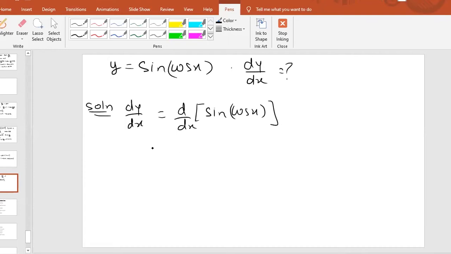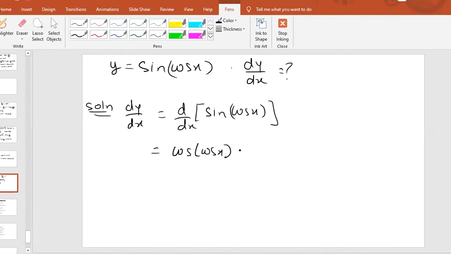Fine. Now what we have to do? See, we are differentiating with x. Inside the function is cos x. So the first step is what? First differentiate the outer function. Outer means first function. What is the differentiation of sine x? Cos x. So write simply cos. Differentiation of sine is cos. Inside the sine we have cos x, so you write here cos x.